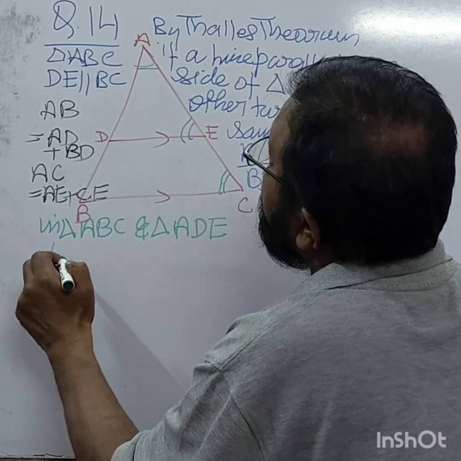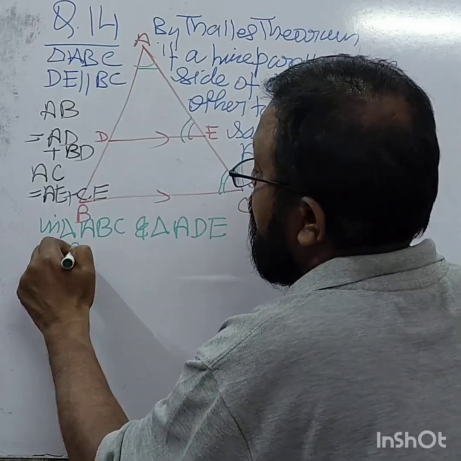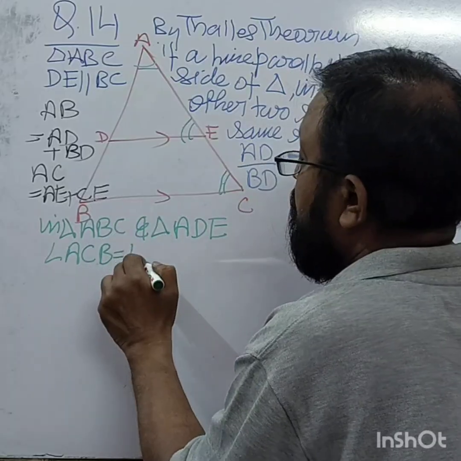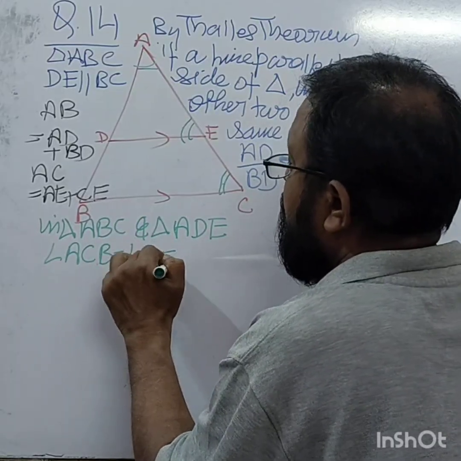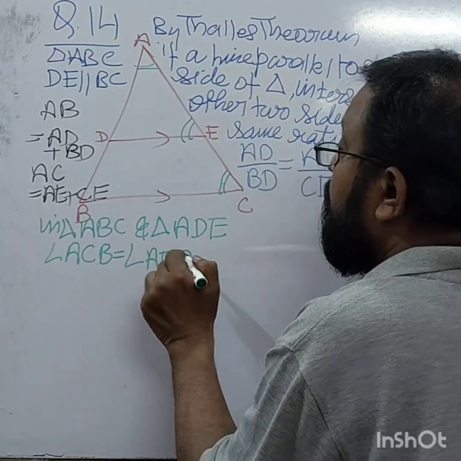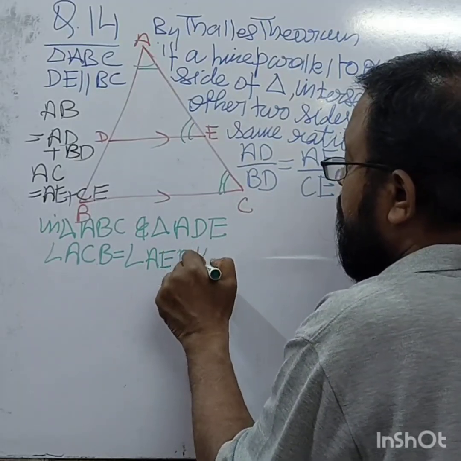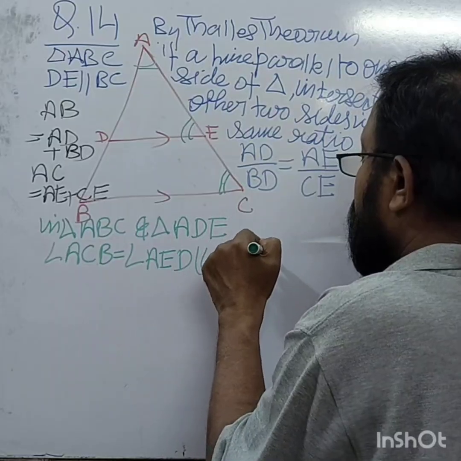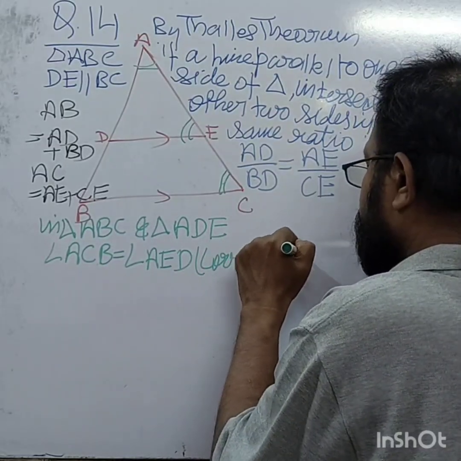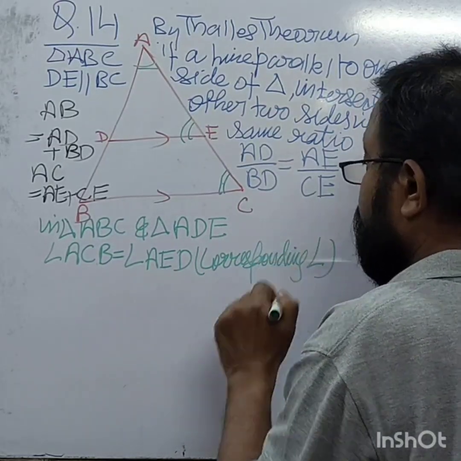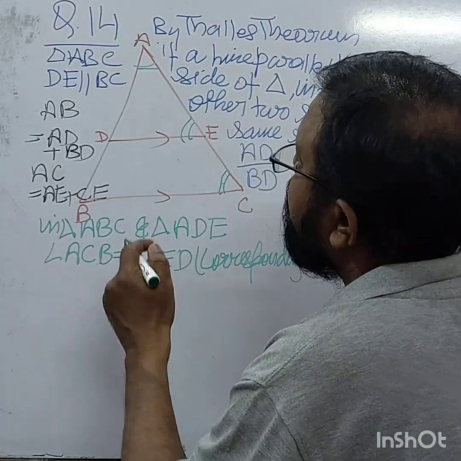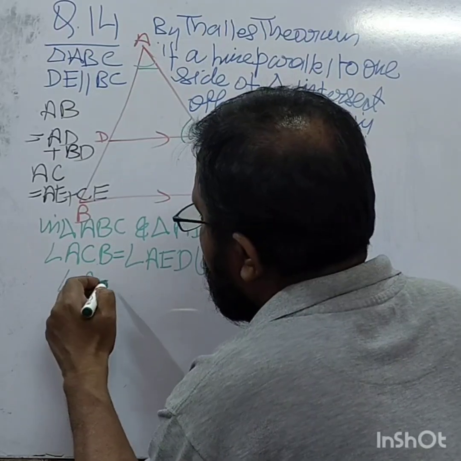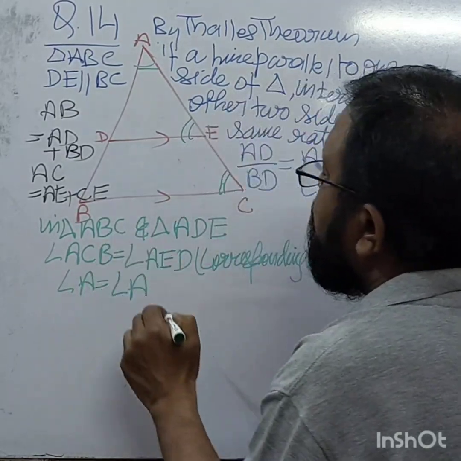angle ACB is equal to angle AED. They are corresponding angles. And angle A is common.